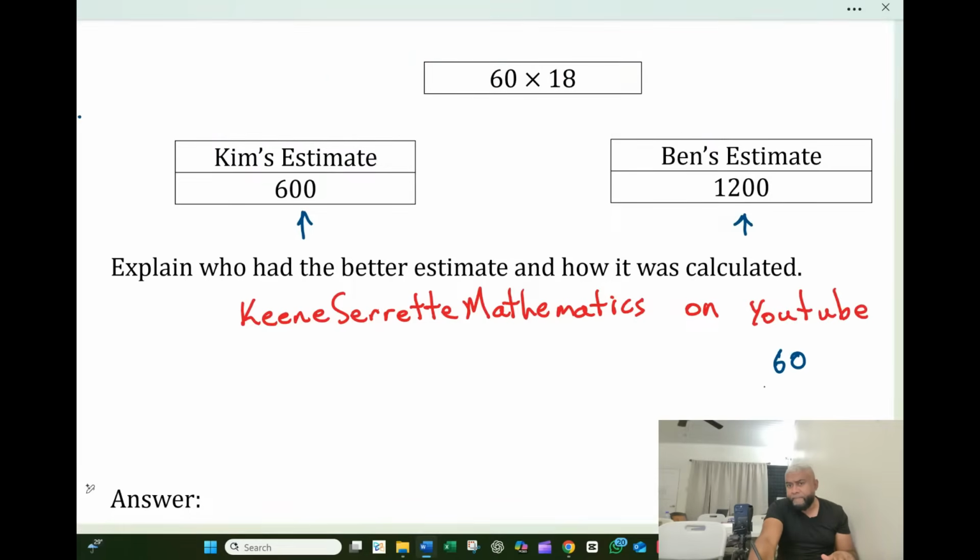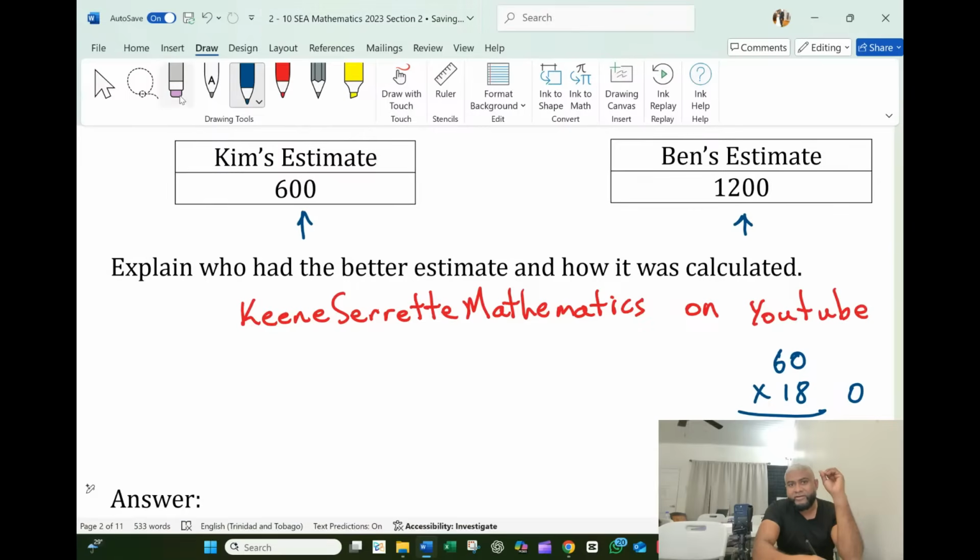60 multiplied by 18 would give me 1 by 0 is 0. 1 by 6 is 6. Put 0 in the ones position here. 8 by 0 is 0. 6 by 8 would give me 48. Look, after the 0, 48.